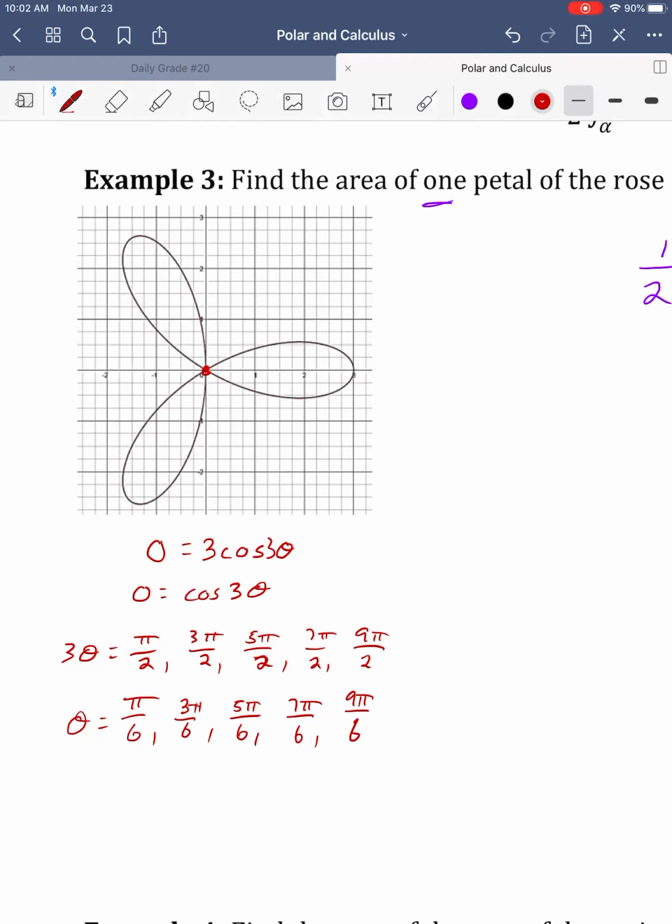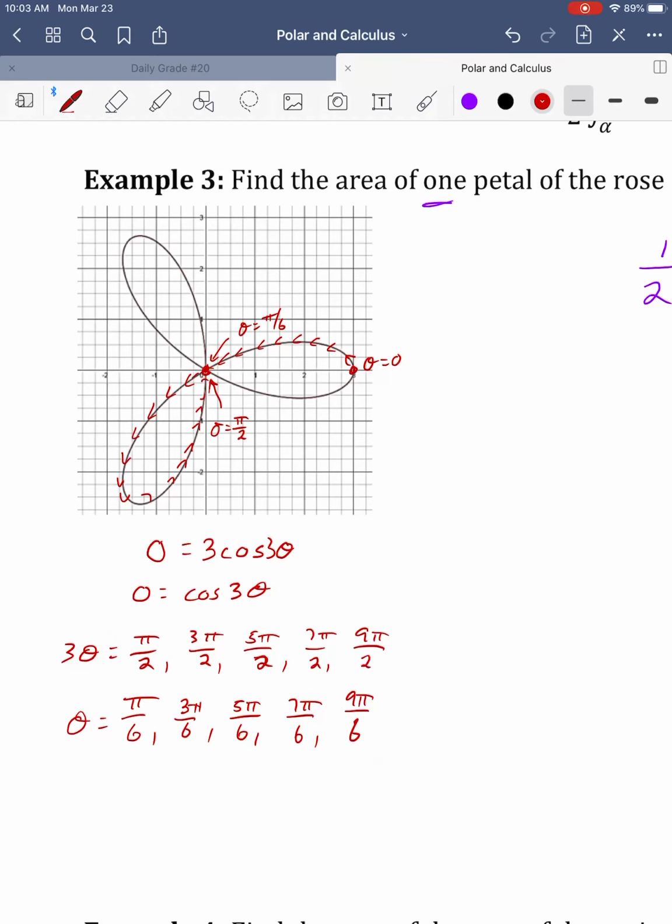If I were to label my curve, when theta equals 0, I'm sitting here. So my curve is going this way, and then it's hitting the origin at theta equals pi over 6, and then it's passing on through. And then I'm hitting the origin again at theta equals pi over 2.